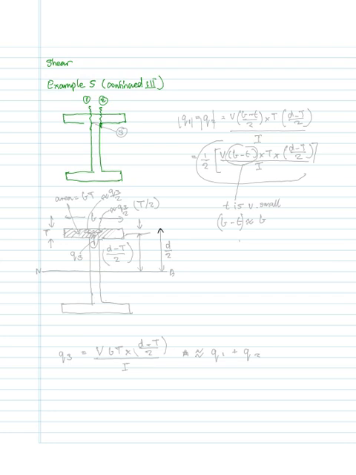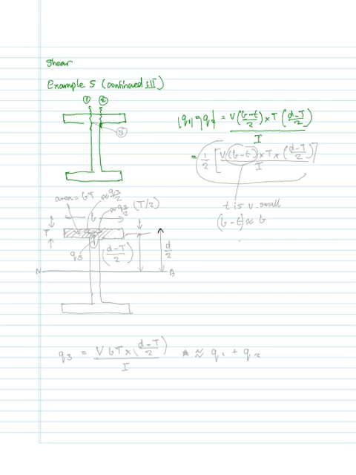And for the first cut and the second cut, Q1, which is going to be equal to Q2, or at least the moduluses definitely would be equal to each other, is going to be equal to V times (B minus T over 2) times T times (D minus T over 2), all divided by I.